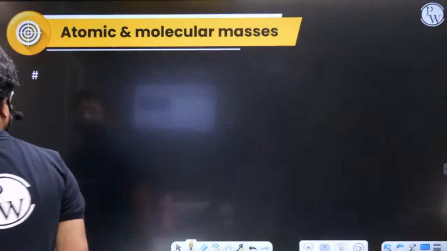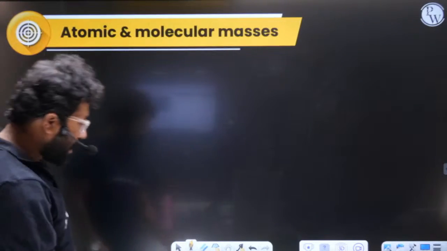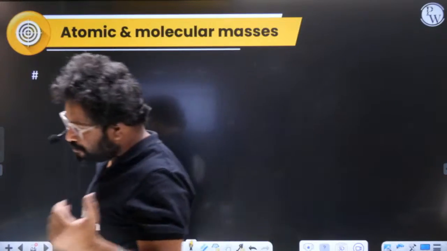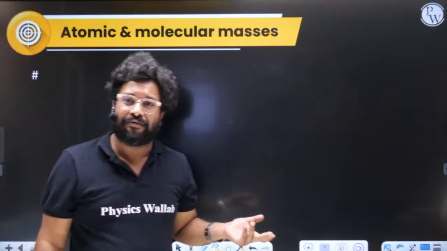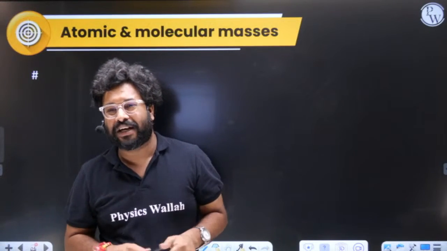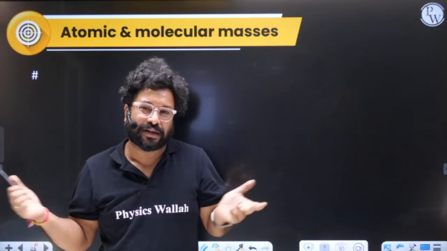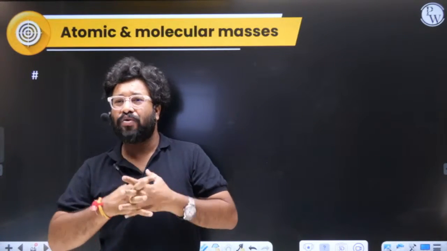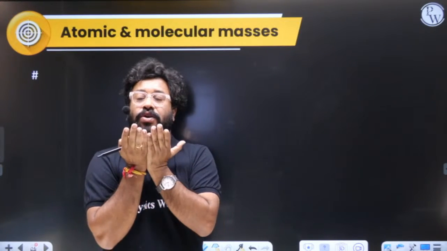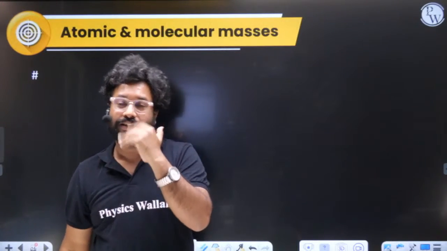Fantastic. Let's move ahead to the atomic and molecular mass concept. Now you must already be aware of what atomic mass and molecular mass are. I'm not going to beat around the bush to teach this concept because you must have already studied this, and I'm expecting you to revise it alongside me.